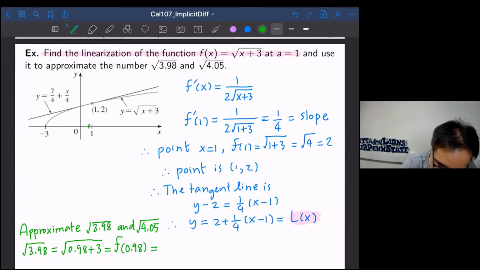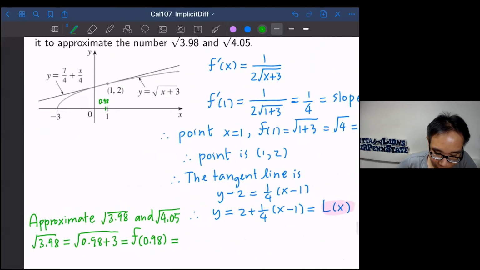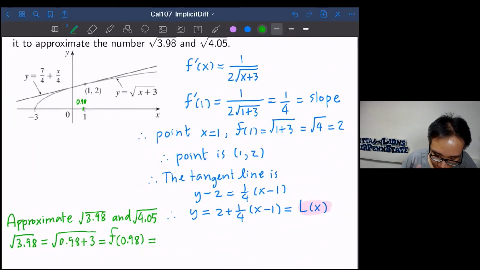It's going to be very close to 1. Actually, let me make this one very close to 1. This is 0.98, I need this guy bigger. You see that it's very close to 1.